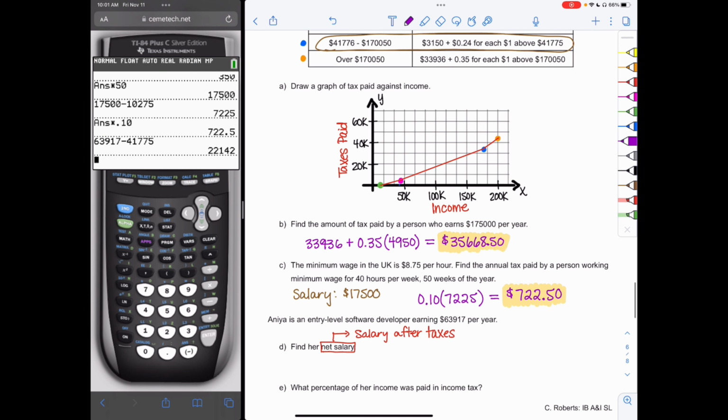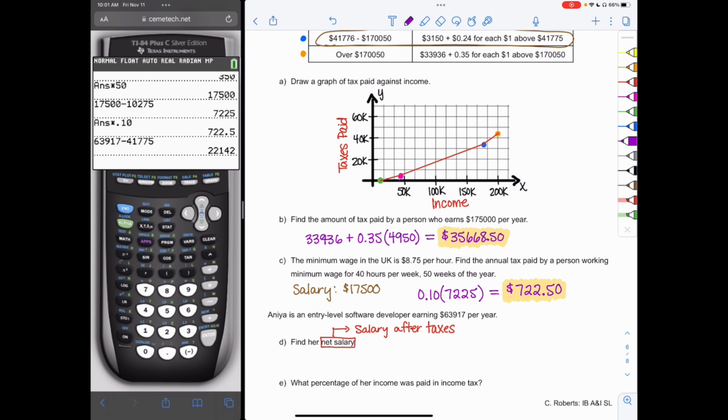So she would have to pay $3,150, plus 24 cents for each dollar over 41,775, and that would be $22,142.